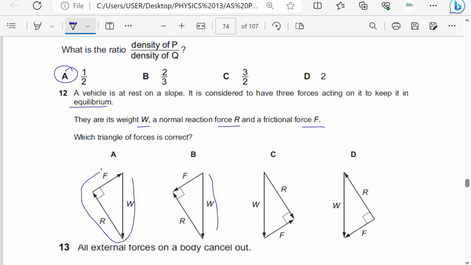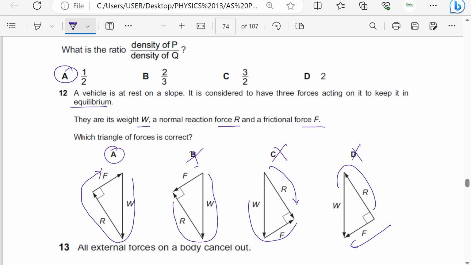If I move like this, the other force is the opposite, so this is not closed. This is not closed because R is the other way around. If I move like this, this is not closed. We move like this, the other one is the other way around, this is not closed. So the answer is A, because you can move in a clockwise loop to form a closed triangle.